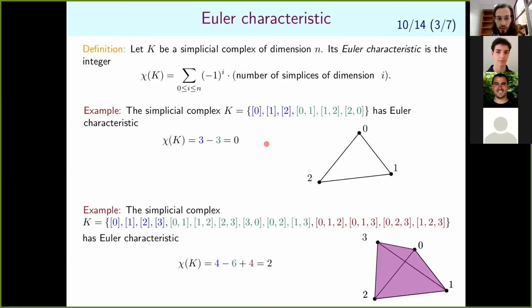Let us consider the sphere. The sphere has 4 simplices of dimension 0, 6 simplices of dimension 1, and 4 simplices of dimension 2. So its Euler characteristic is 4 minus 6 plus 4, and this is 2. The Euler characteristic of this triangulation of the sphere is 2.